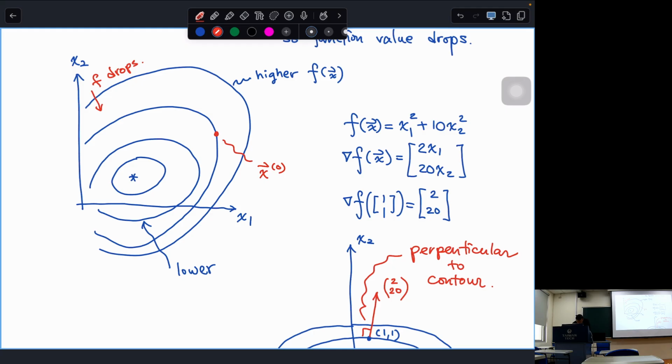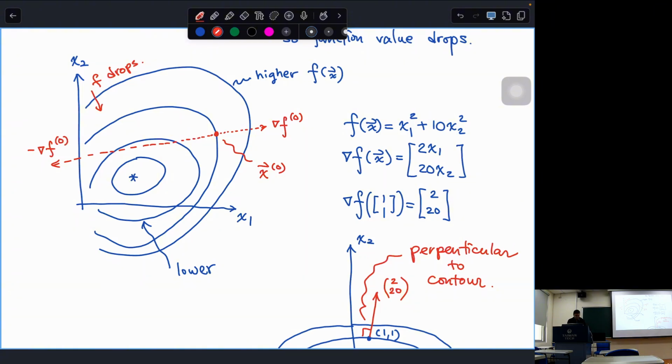My gradient would be perpendicular to the contour; this is my gradient at k equals 0. I need to move along the negative direction, so this is my negative gradient direction.